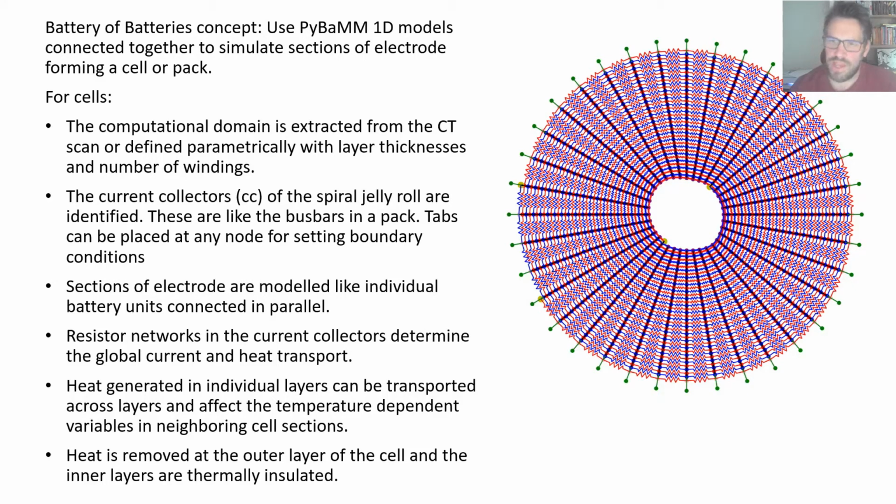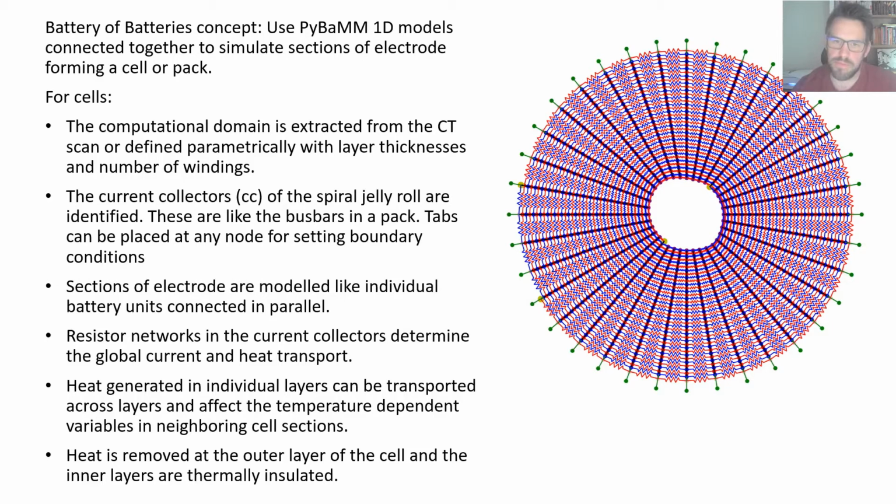And each layer has two ends where we assume that there's going to be a positive or a negative tab either on the inside or the outside. And the model actually doesn't explicitly resolve those tabs. It could do, but here we've just used the network representation, and it allows you to actually pick where tabs might be just by selecting nodes individually.